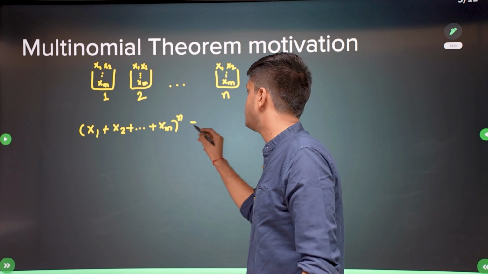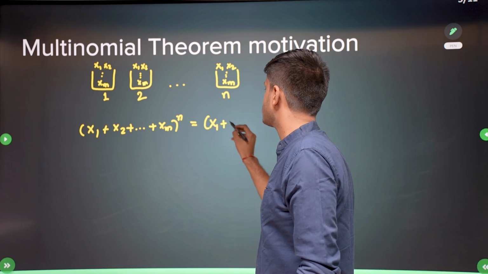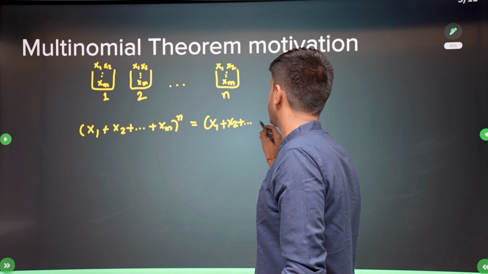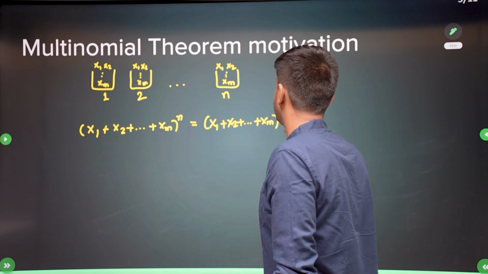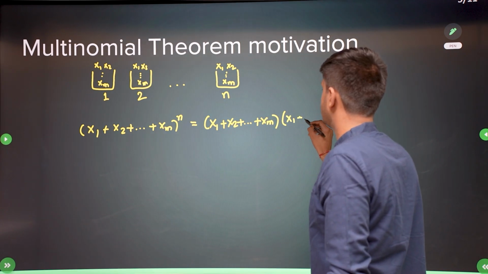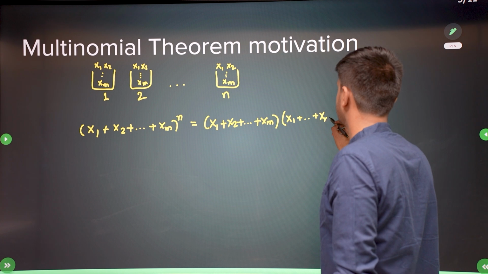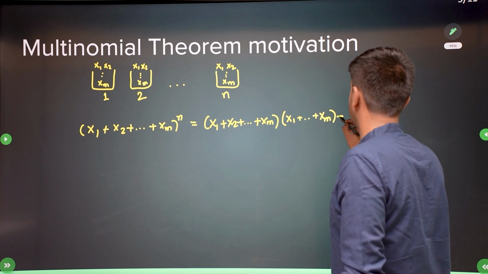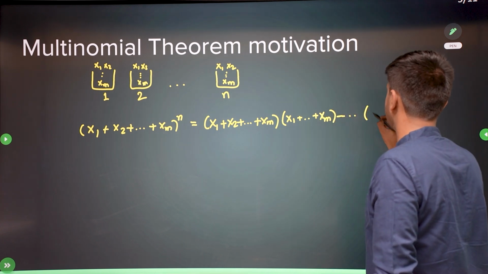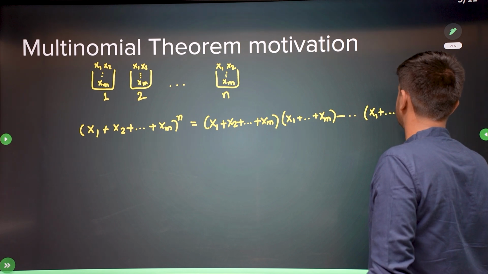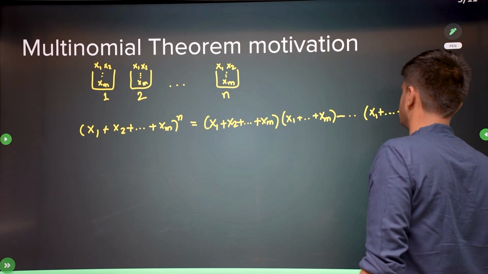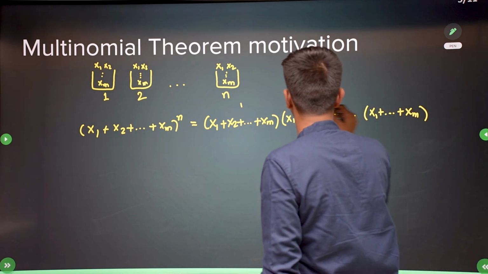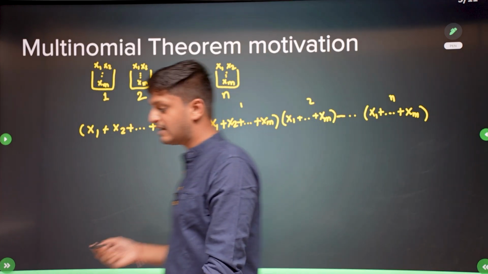So this is like multiplying x1 plus x2 plus up to xm. This is the first bracket, this is the second bracket, and this way we are multiplying them n times. So we have n containers, we are multiplying this bracket n times.